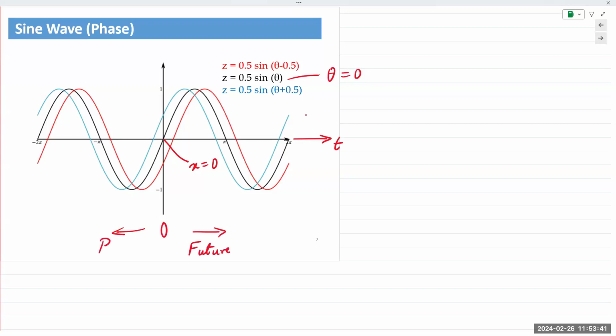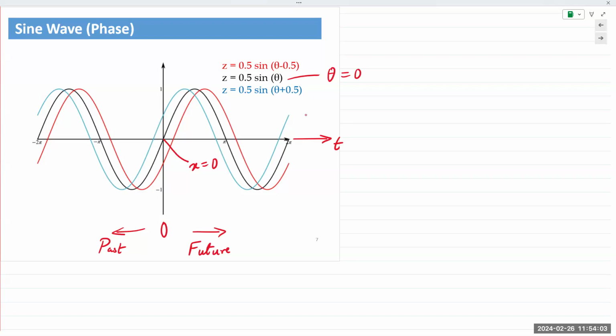So I could say that's the future. +1, +2, +3, and so on. To the left of the axis is -1, -2, -3, and so on. So speaking in terms of time, anything on the right of x equals 0 is the future. Anything on the left is the past.